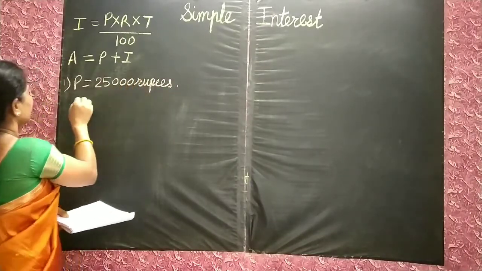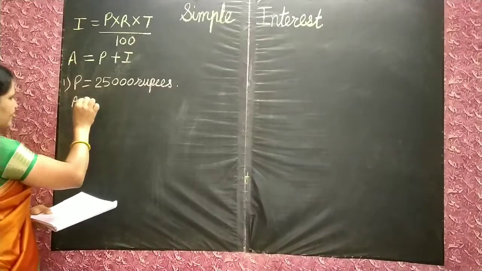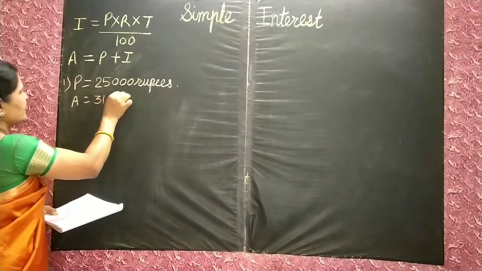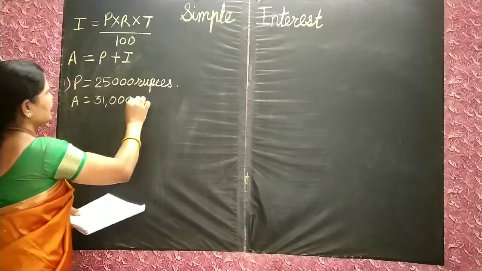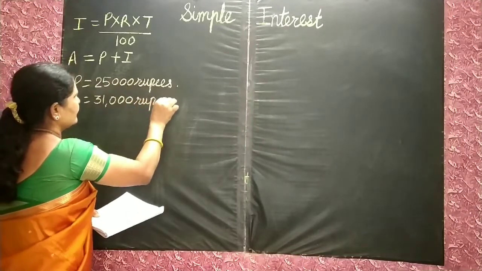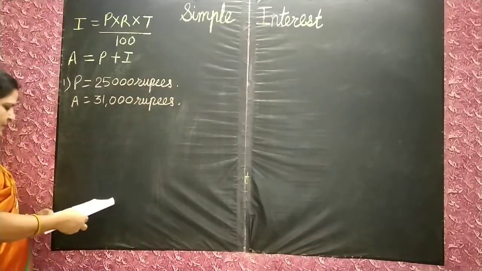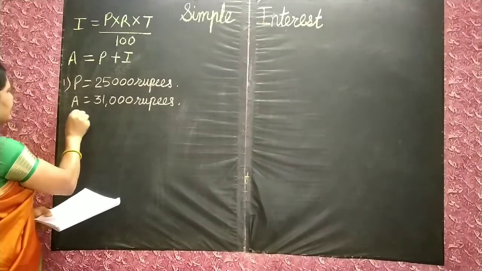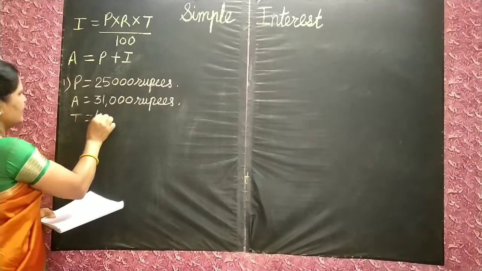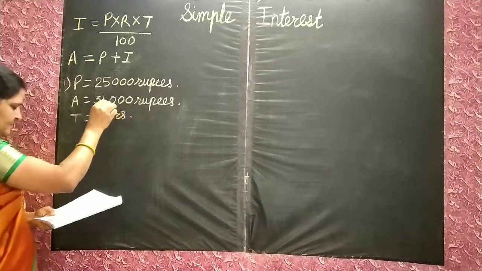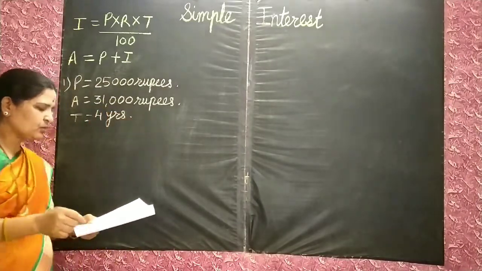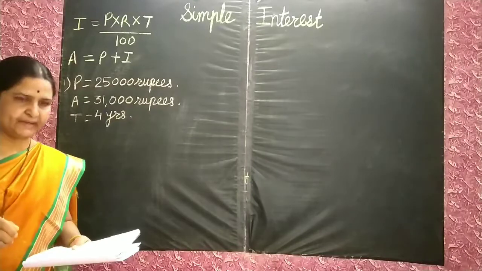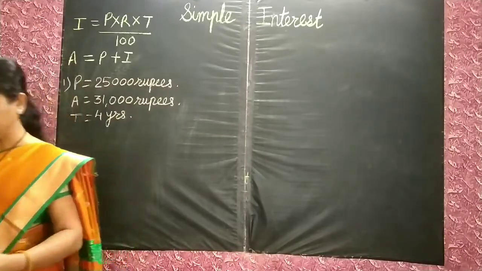Then amount is given, 31,000 rupees. Then time is given, 4 years. Then they ask you to find the rate of interest. What is the rate of interest?